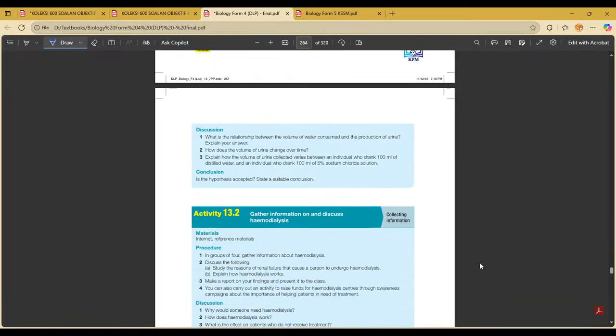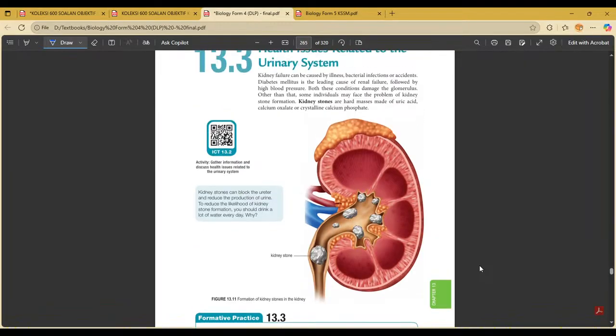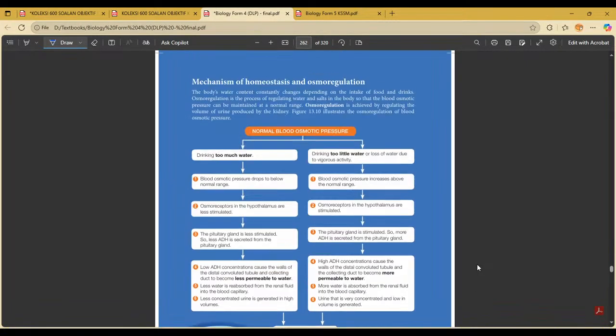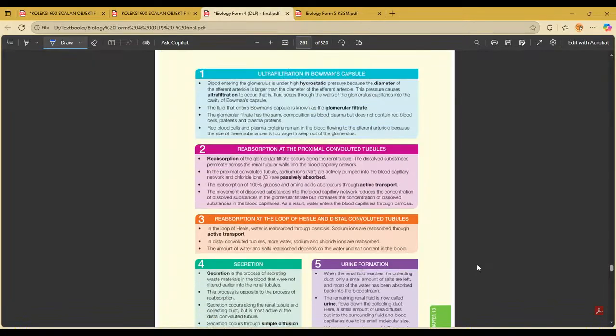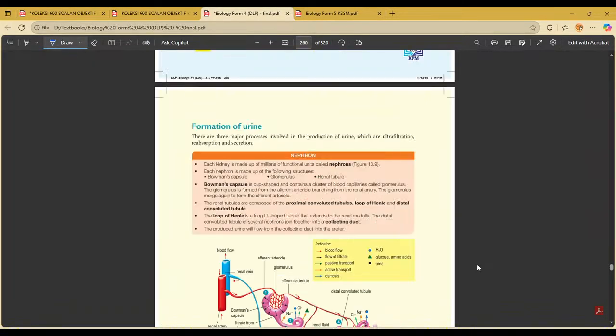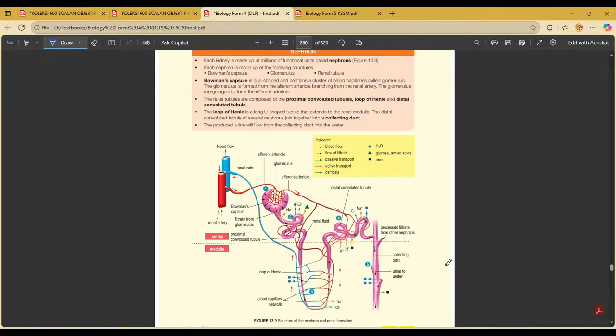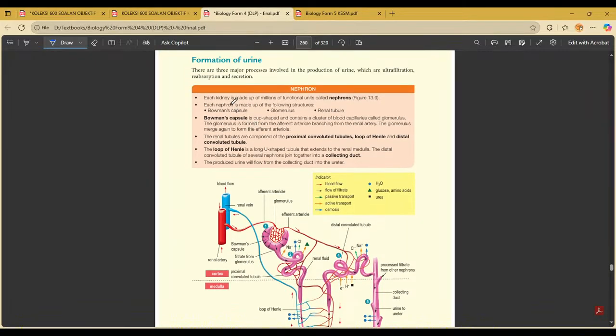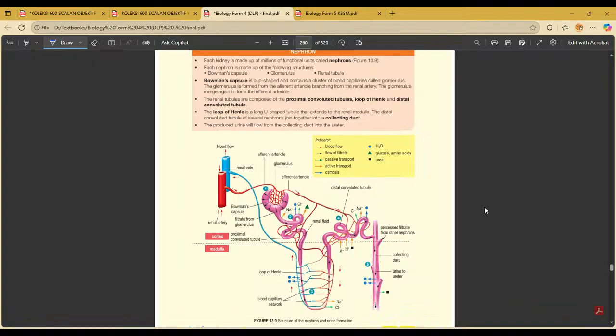Urinary system. Here it is. The nephron. Kidney is made up of millions of functional units of nephrons. Each nephron is made up of Bowman's capsule, glomerulus, and renal tubule.